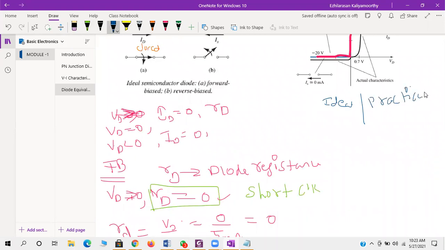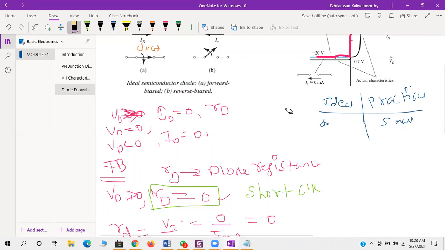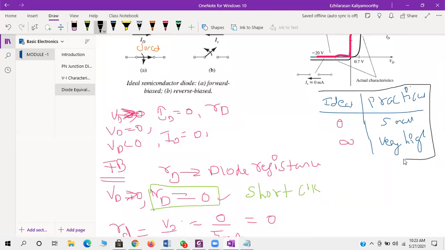Not only in a diode, anywhere you discuss, in the practical case, if I say small, then ideally I will say that value is 0. If I say very high or high, then ideally I'll say this is infinity. Keep these things in mind anywhere, like input resistance, output resistance, anything we talk about.